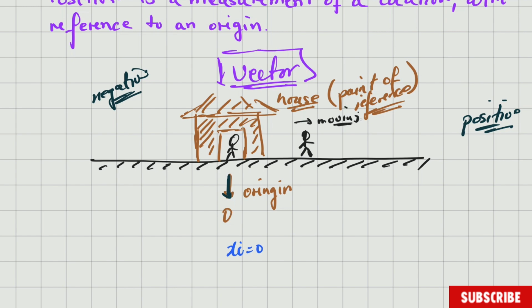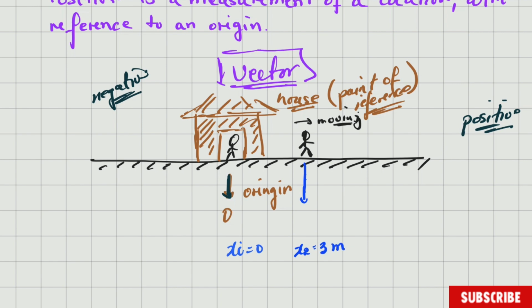Then let's say, for instance, it is 1, 2, 3 meters. So the second position, when it is there, is position 2, equal to 3 meters.